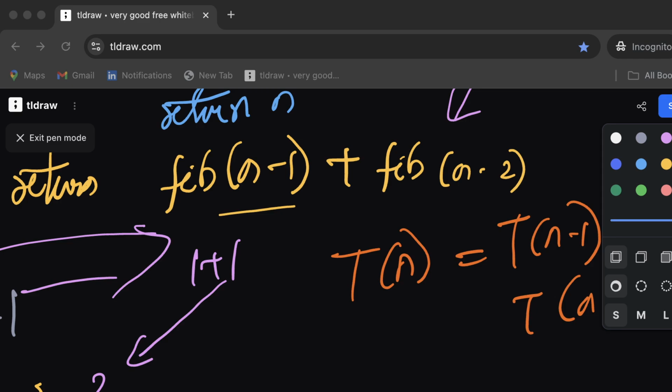The other way we can define it is to check how the tree is growing, right?